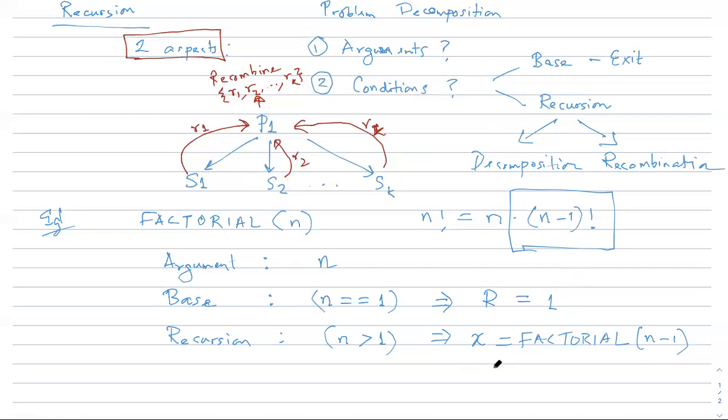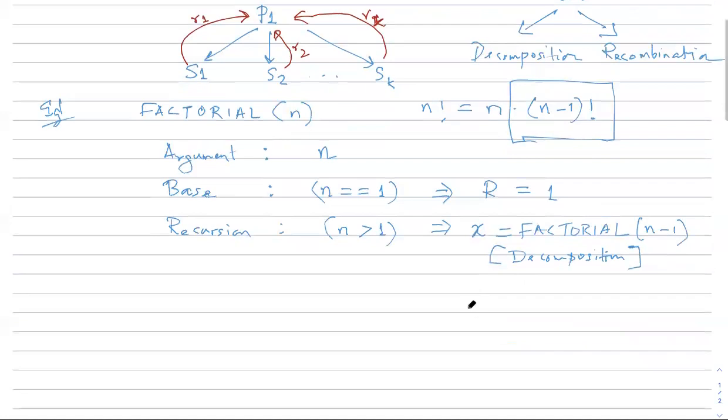So having obtained that, this is essentially our decomposition step, because we are decomposing into a smaller problem. After decomposing, now I can recompose the solution by taking this x and multiplying it with n, and I'm done.